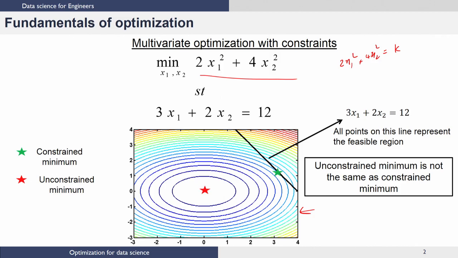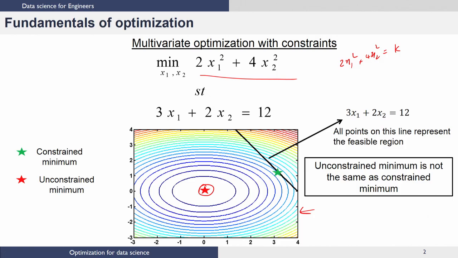So, there are 2 terms here, 2x1 squared plus 4x2 squared, and the lowest value that each one of these could take has to be 0, and that basically means the unconstrained minimum is at x1 equal to 0, x2 equal to 0. The objective value at that point is also 0, which is what is shown here in this point right here.